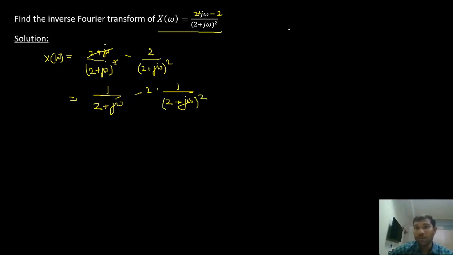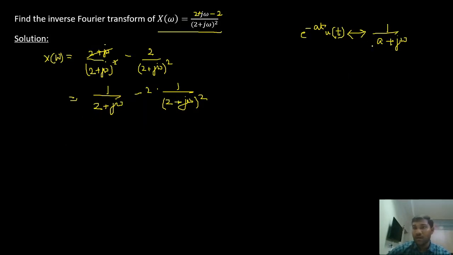Now we know e power minus at u of t has the Fourier transform 1 by a plus j omega. So when a is equal to 2, my right hand side is 1 by 2 plus j omega. So the inverse of that is e power minus 2t u of t.